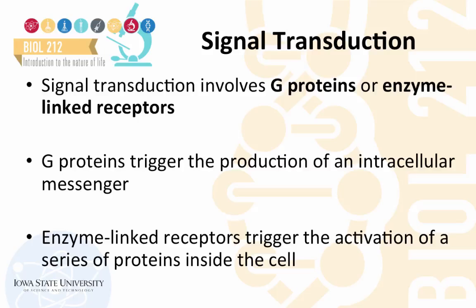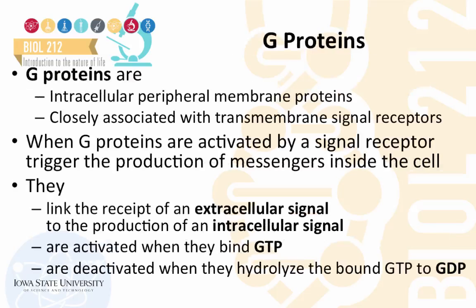G proteins trigger the production of an intracellular messenger, whereas enzyme-linked receptors trigger the activation of a series of proteins inside the cell. G proteins are intracellular peripheral membrane proteins that are closely associated with transmembrane signal receptors.